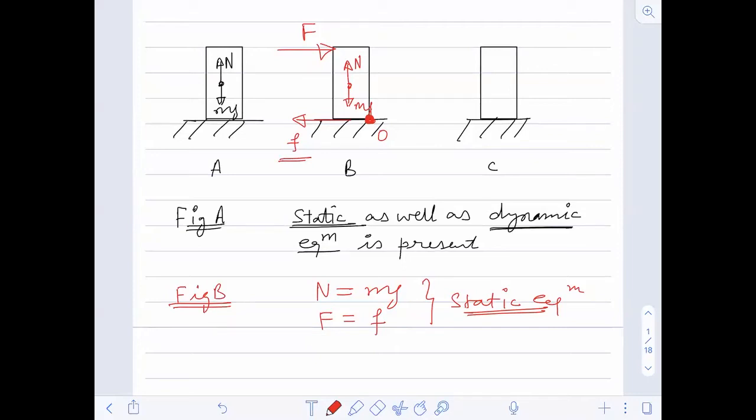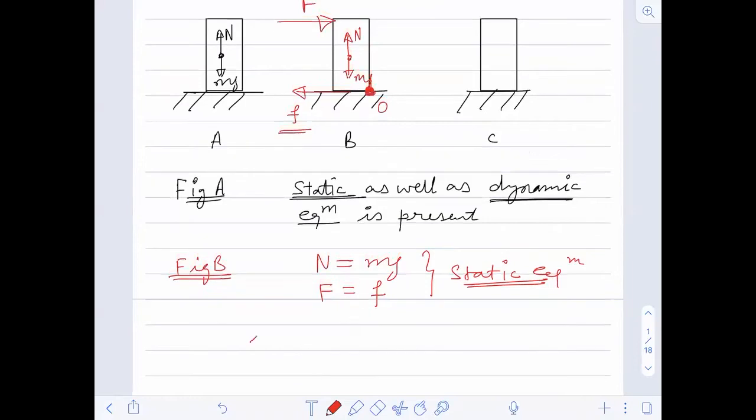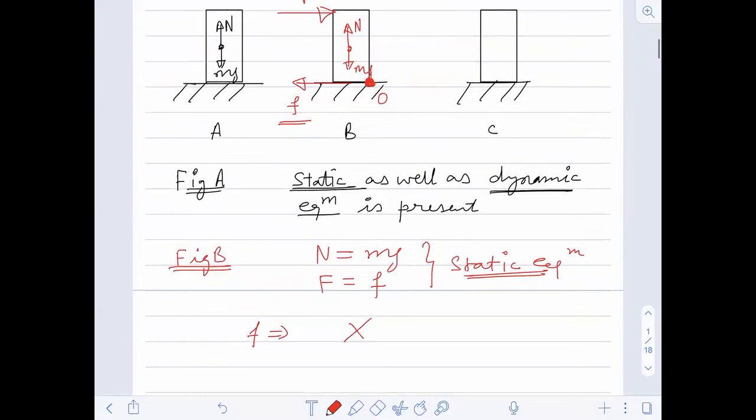The torques generated by mg and n will get cancelled.